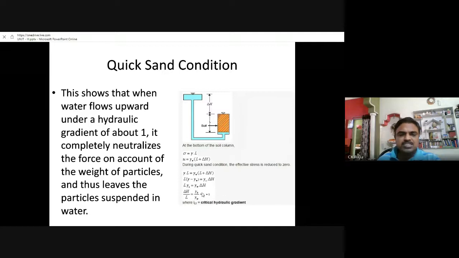So if we substitute, what is gamma dash? What is gamma saturated?